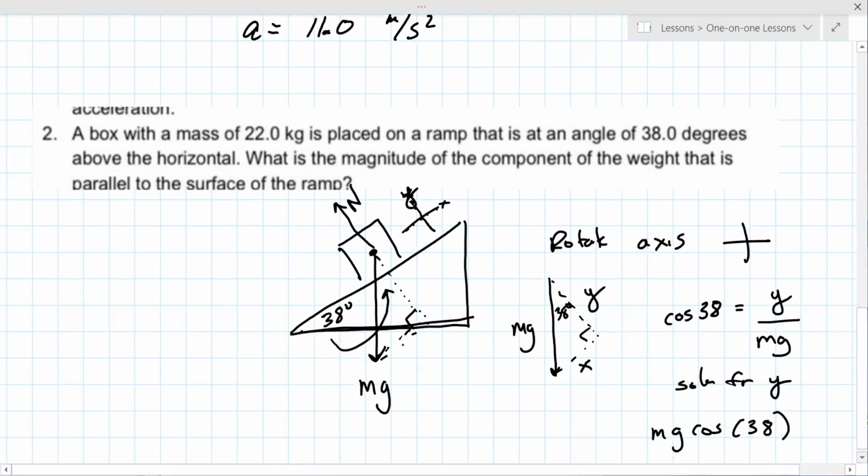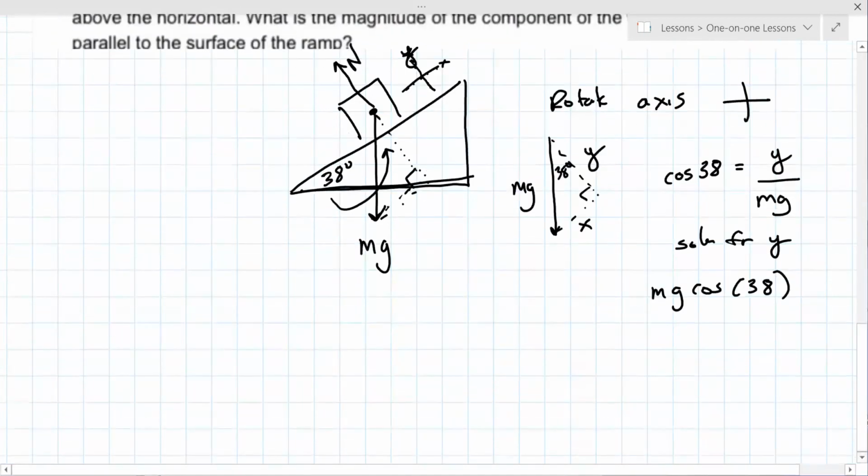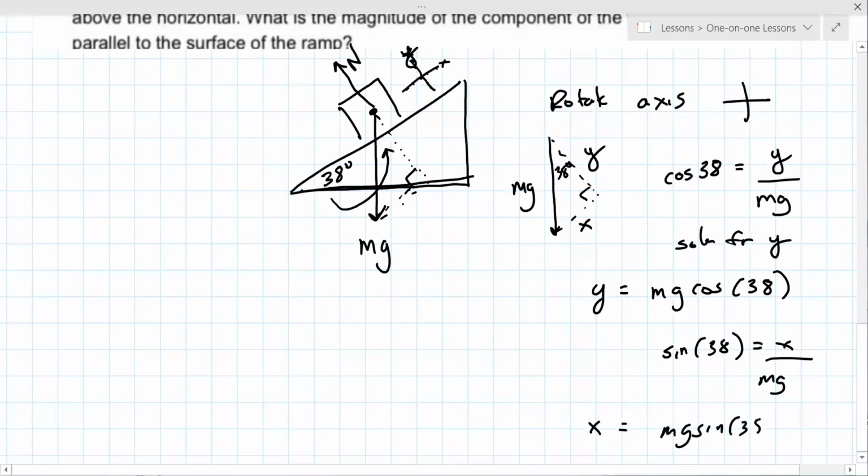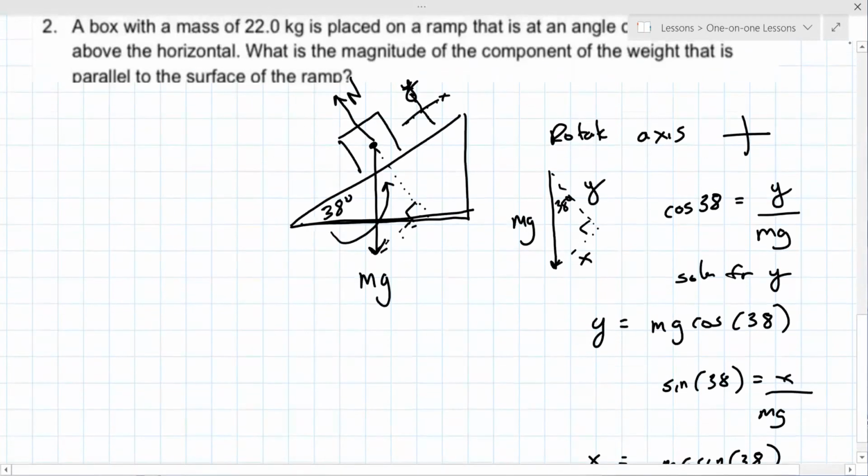Now if we go the other way, what's sine 38? Sine 38 is x over mg. So x is equal to mg sine 38. This problem is asking for the magnitude of the component of the weight that is parallel to the surface.